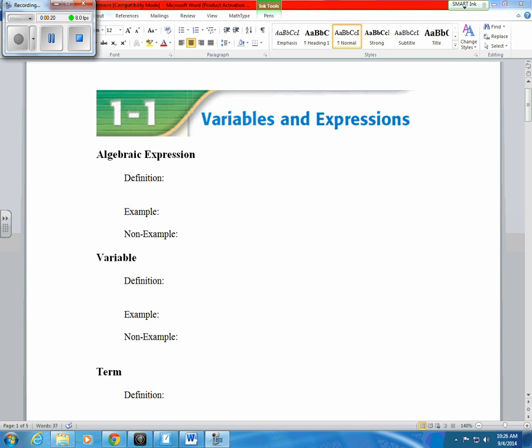An algebraic expression contains variables, constants, and operations. So let's go ahead and write that down. Contains variables, constants, and operations.